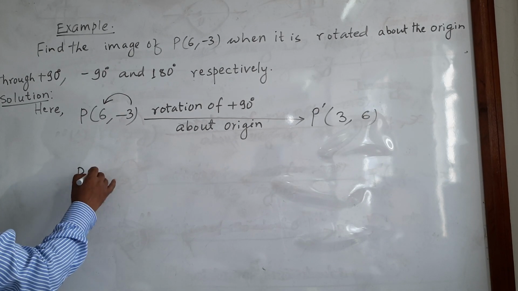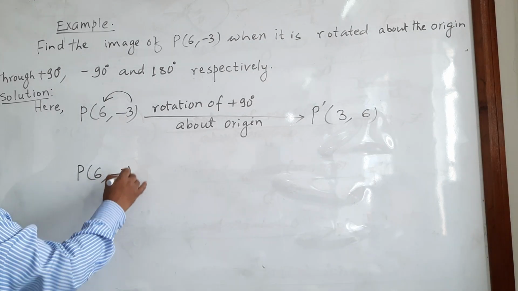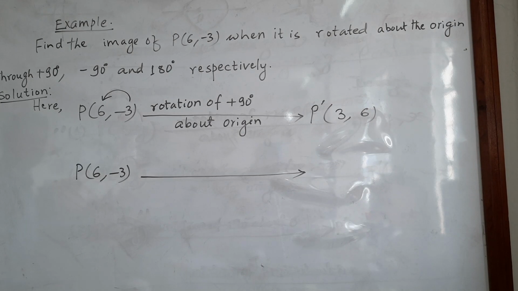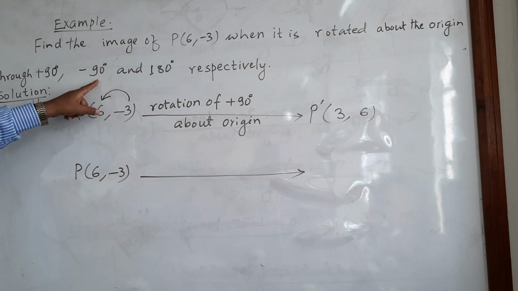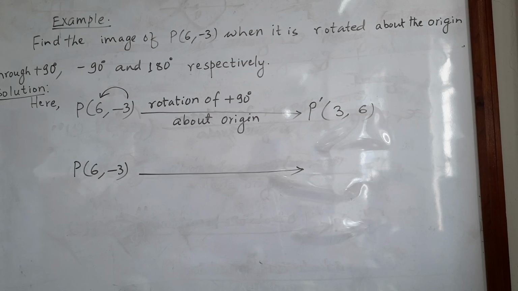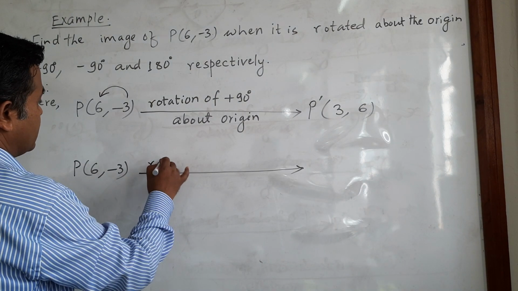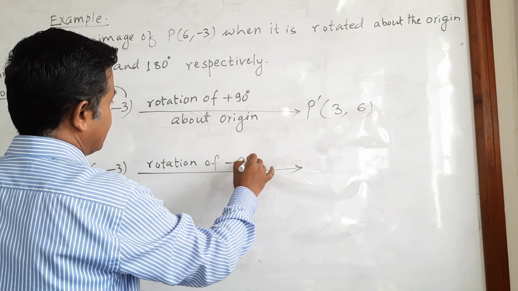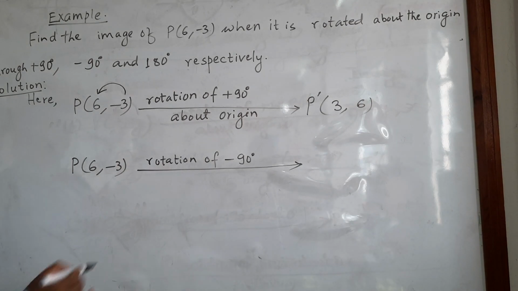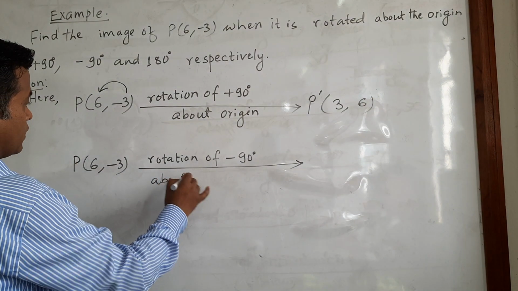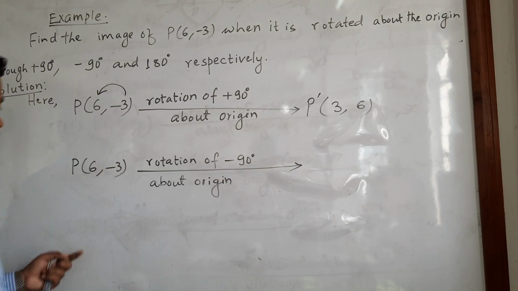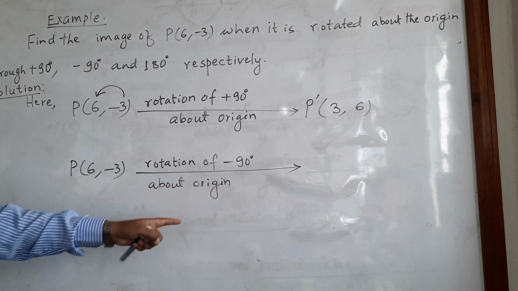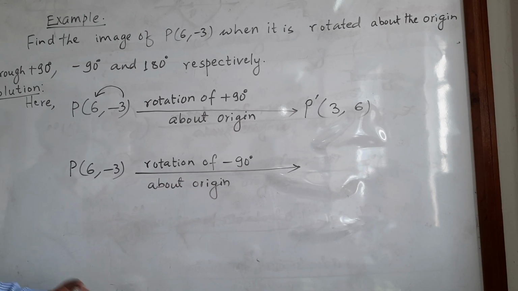Similarly, there is another case with the same point (6, -3). Now in this case we will rotate it through 90 degrees in clockwise direction about the origin O, that is, a rotation of negative 90 degrees.